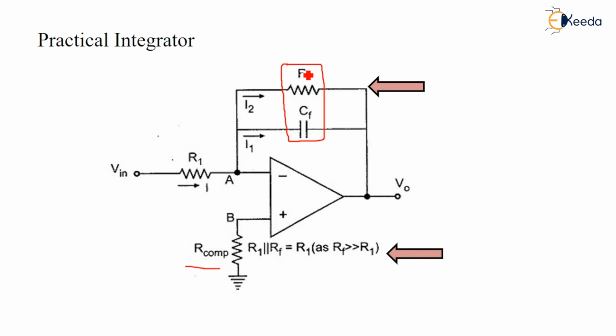At high frequency, XCF is very small, hence in shunt with this RF, and the high frequency gain of the integrator will be low. So in the practical integrator, they introduce this RF resistor in parallel with CF and this RCOM resistor to reduce the bias current. Thank you, student.